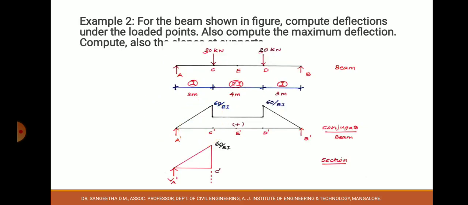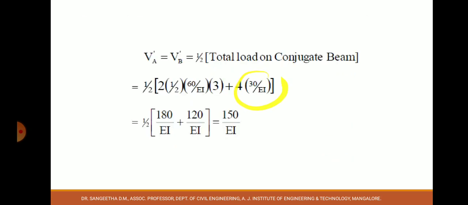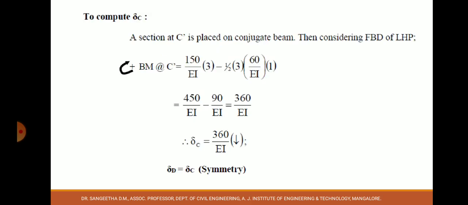Half into base 3 meter, height 60, plus 4 into 30, rectangle. So 2 triangles, 1 rectangle. Half of the total load gets divided to each support, so VA dash is 150 by EI and VB dash is 150 by EI.